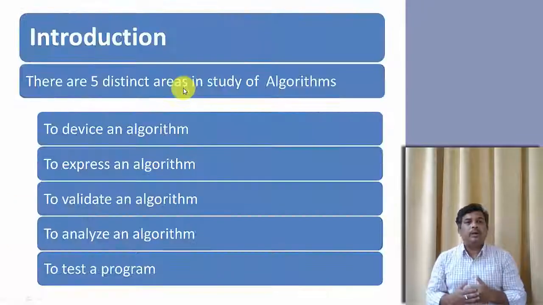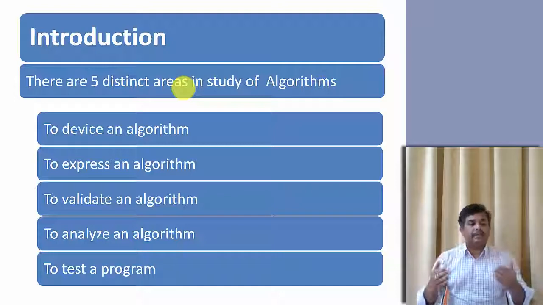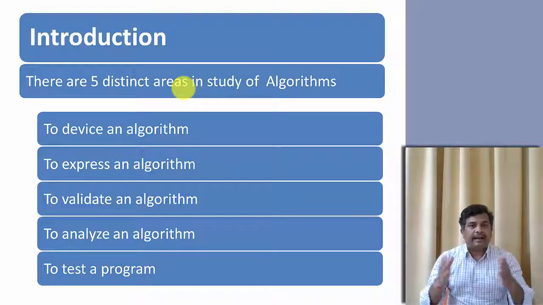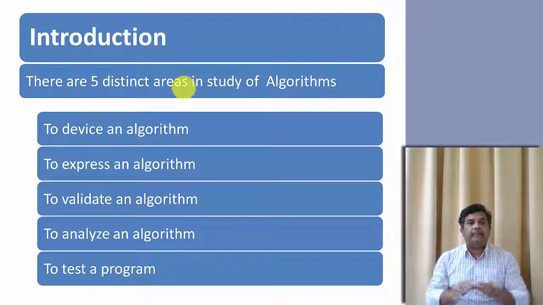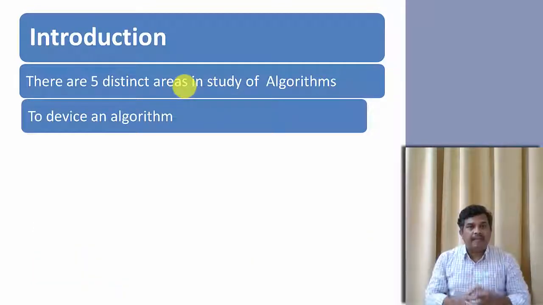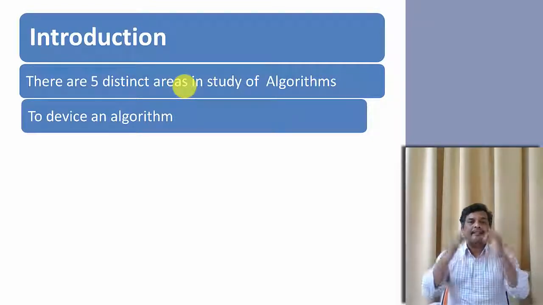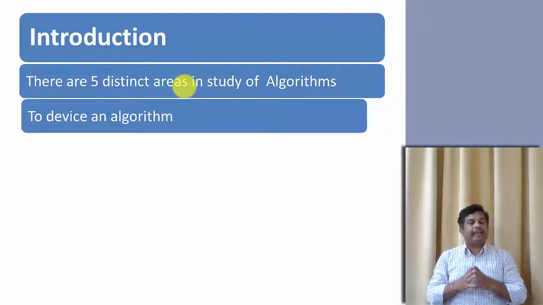Whenever we are talking about algorithms, there are 5 distinct areas of study: to devise an algorithm, to express an algorithm, to validate an algorithm, to analyze an algorithm, and to test a program. When we say we are devising an algorithm, it means this activity where some human intelligence is definitely required.